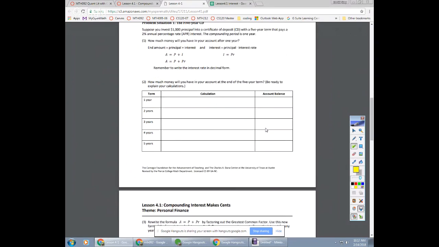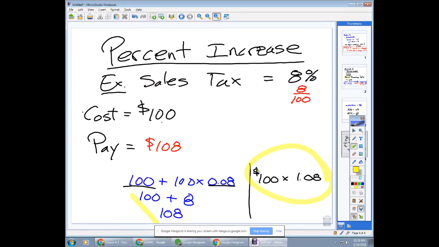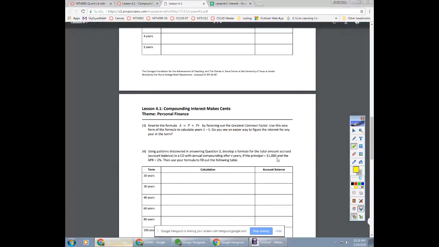Question 3, sorry, asks you to rethink how you did that calculation. And that's the whole idea of these 2 versions of the formula here, okay? So go for it.